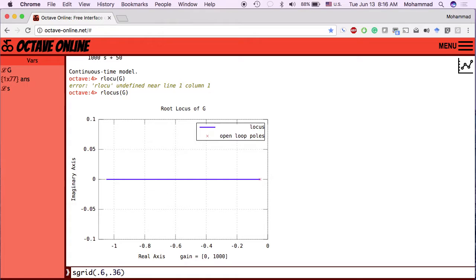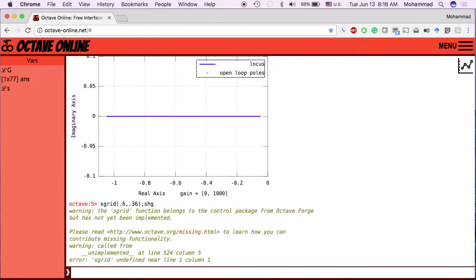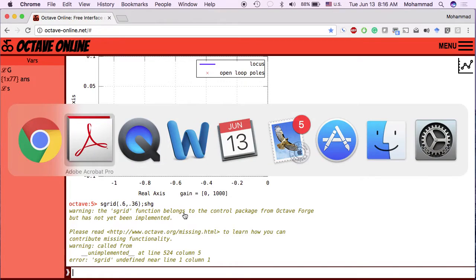If you hit enter, you get those lines on the root locus. Now, in order to see the root locus, you need to either type shg or click on the graph. Because this is a zoomed version, you don't see as wide as you should.